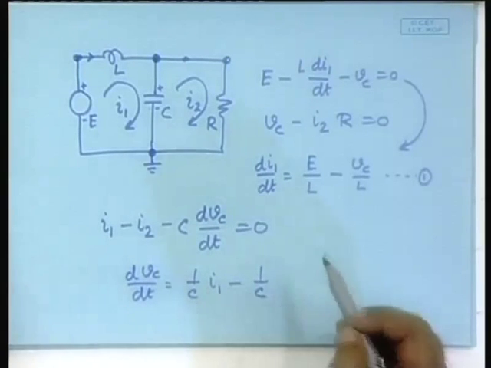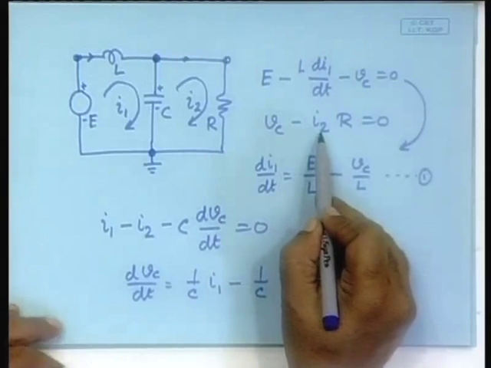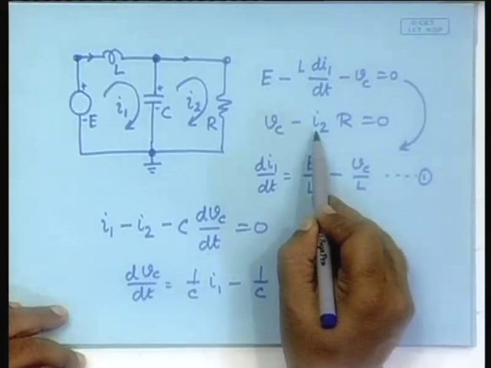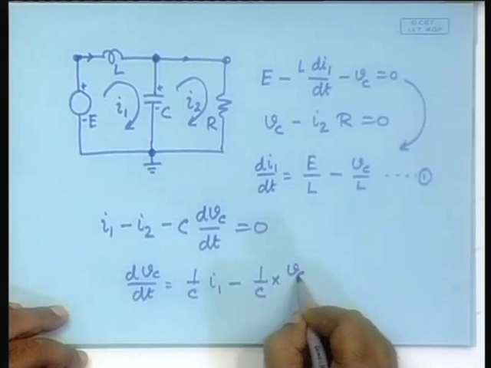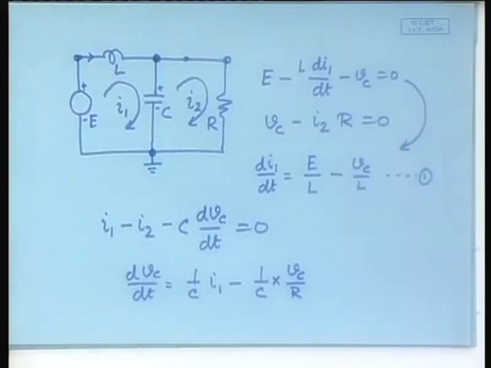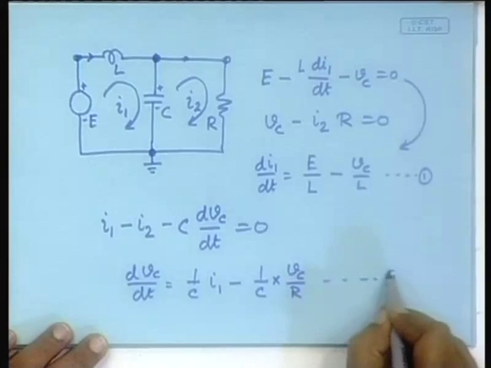So, I need to do something about it, but this helps, right. I can see that I2 is equal to Vc by R, so substituting, that is another differential equation.